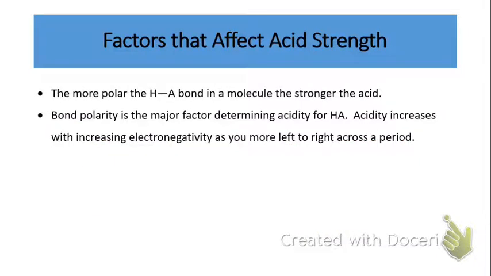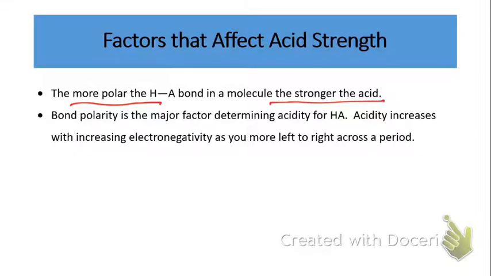Now here are some other ideas to think about as far as polarity goes. The more polar the HA bond is in a molecule, the stronger the acid is going to be.